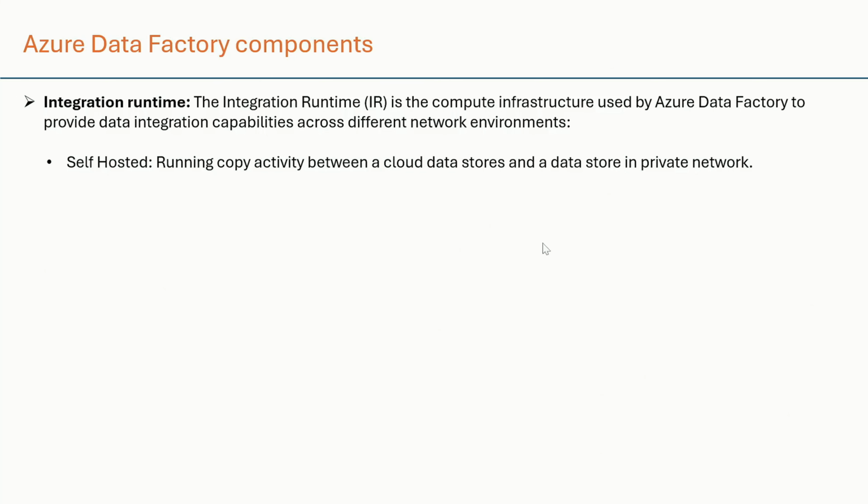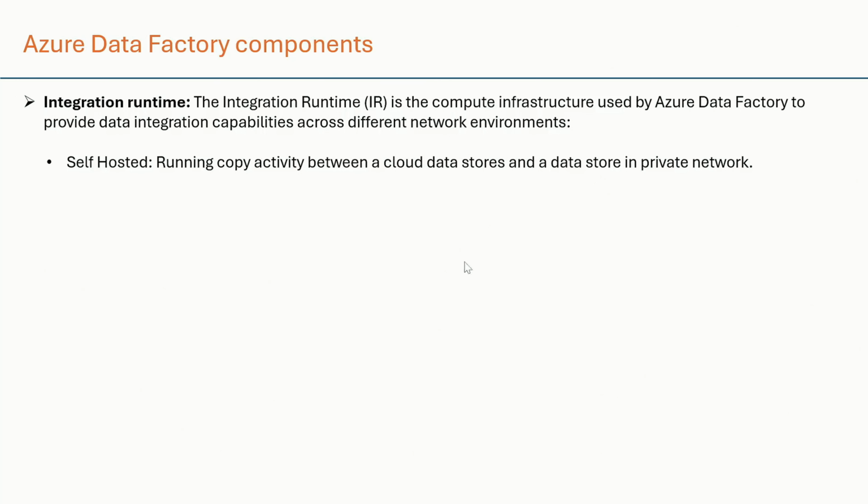So we will be using a self-hosted agent that will be installed on our on-premises machine. That's why the compute infrastructure would be our local machine or on-premises machine. That will help us transfer our data to the cloud data store. You use the self-hosted integration runtime whenever you want to transfer data from a private network to cloud data stores. Like in our example, we'll be using a self-hosted agent.